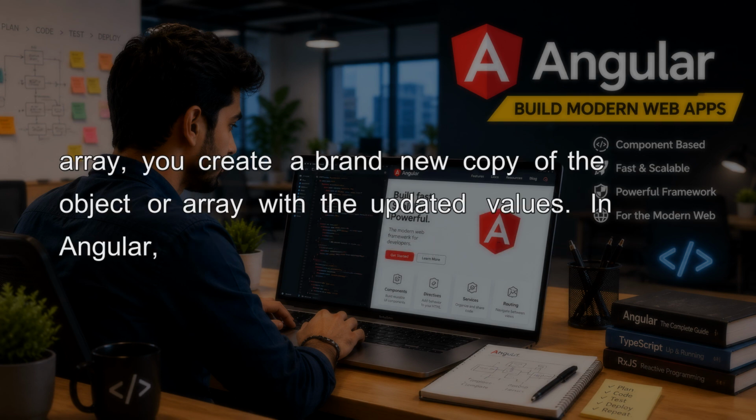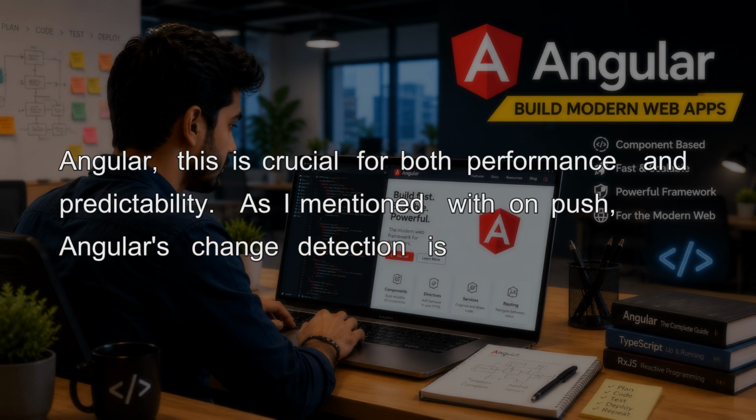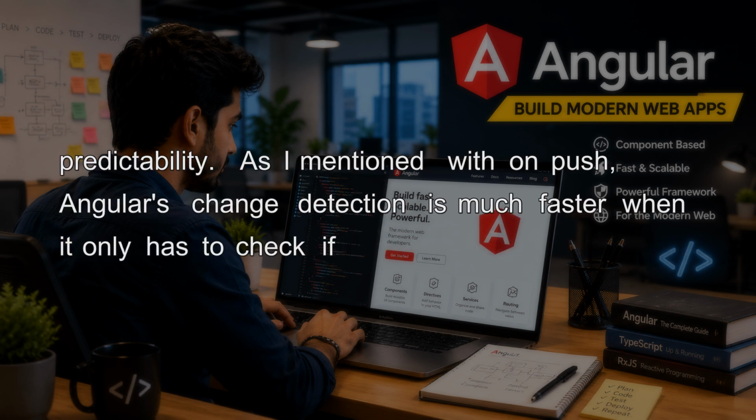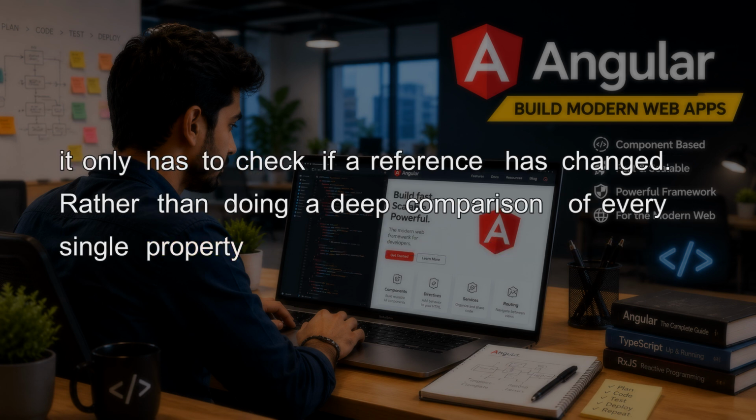In Angular, this is crucial for both performance and predictability. As I mentioned with OnPush, Angular's change detection is much faster when it only has to check if a reference has changed, rather than doing a deep comparison of every single property inside a large object.